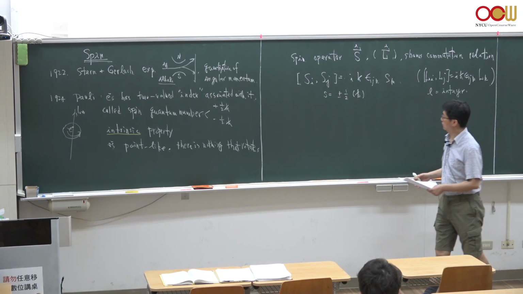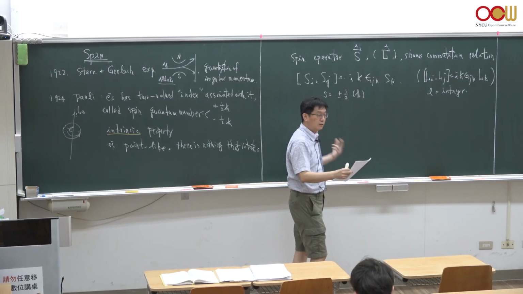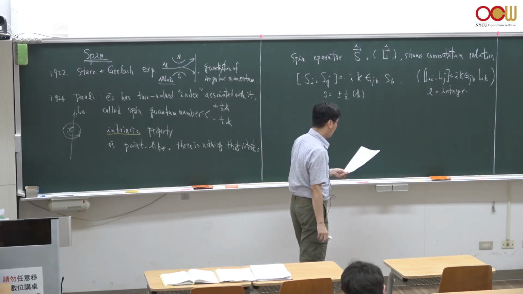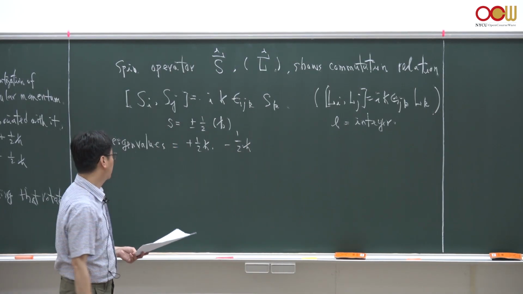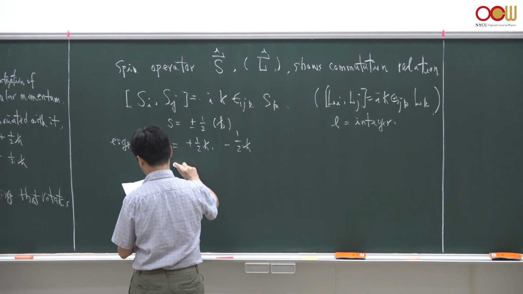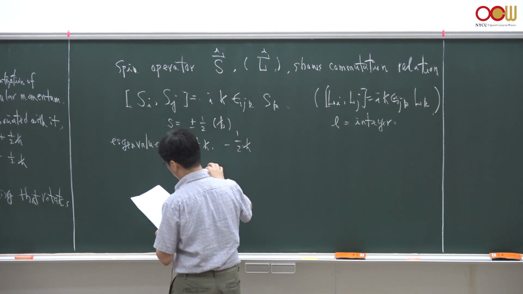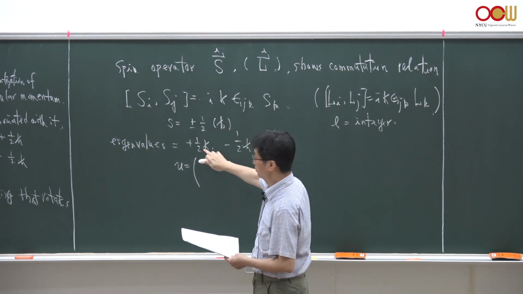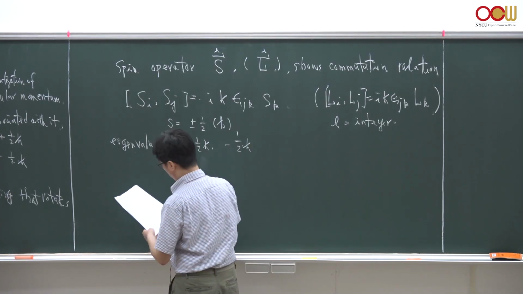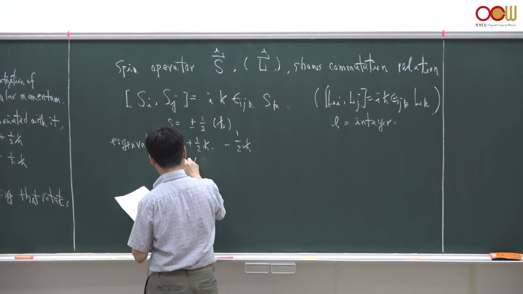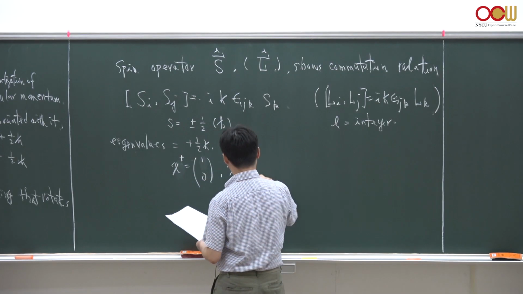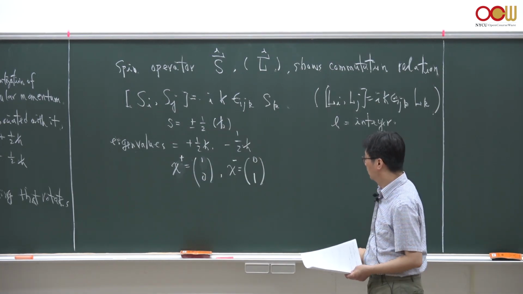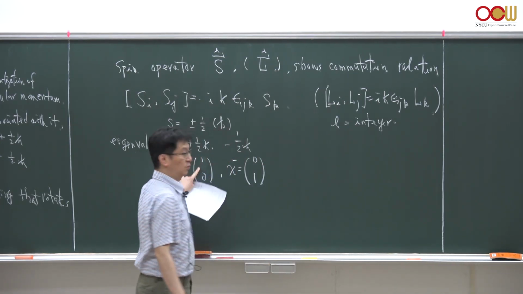In terms of these two eigenvalues, we can again define eigenvectors. The one corresponding to plus 1/2 h bar, which textbooks call chi plus, is the 2x1 column matrix (1, 0), and chi minus is the column matrix (0, 1).